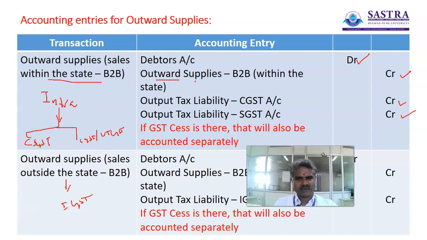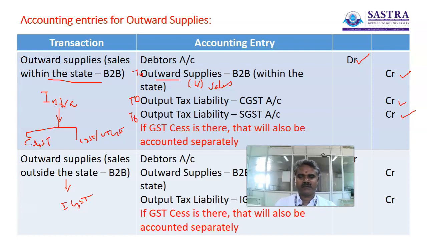Outward supplies are sales. Simply write sales here. Name of the party debit, sales. So outward supply means sales. B2B within the state: debtors account debit, to sales account, to outward tax liability CGST, to outward tax liability SGST.